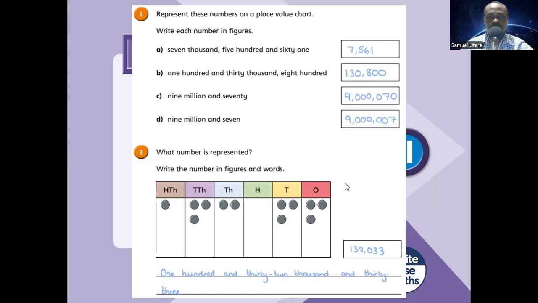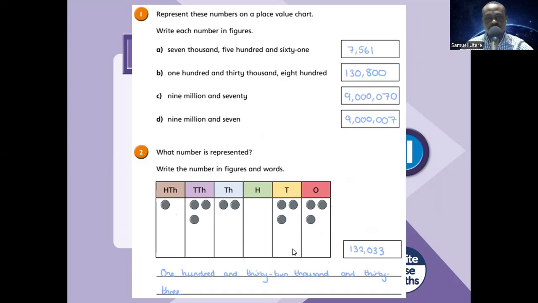Let's move on. Question 2, you were asked, what number is represented? Write the number in figures and words. In figures, you can see this is in the hundred thousands, this is in the 10,000s, and then this is in the thousands. So we have 1, we have 3, and we have 2.